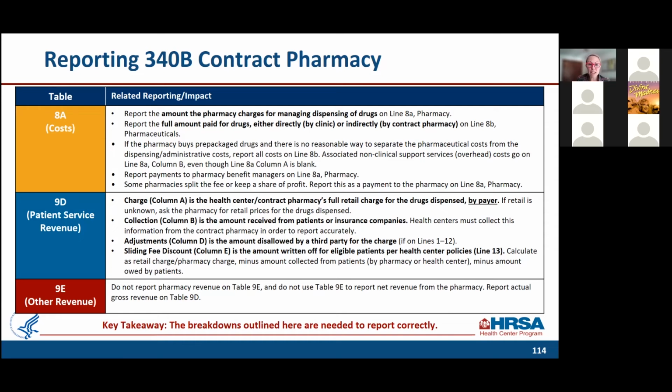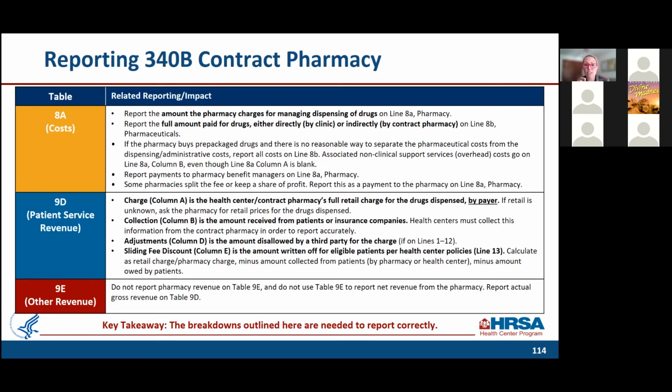If the pharmacy buys prepackaged drugs and there is no reasonable way to separate the pharmaceutical costs from the dispensing or administrative costs, report all costs on line 8B, associated non-clinical support services costs.